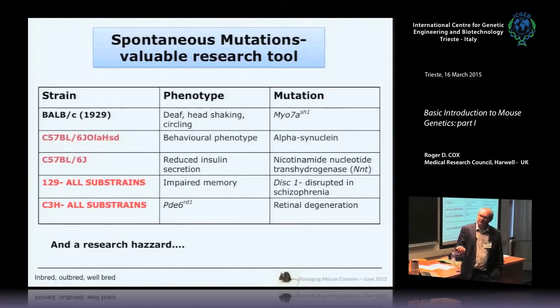But that deletion is not in 6N. So if you've got C57 black 6J mice, they'll have a deletion in this gene, and they have reduced insulin secretion. If you have C57 black 6N mice, which were separated from 6J, they don't have reduced insulin secretion, so they don't have a glucose tolerance phenotype.